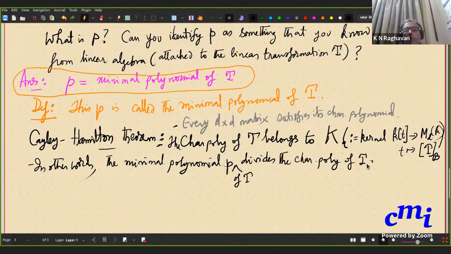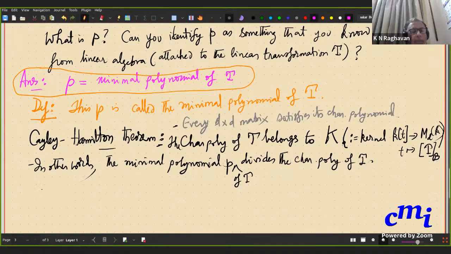Okay. Let me quickly ask you, we are almost out of time. Do you know a proof of this theorem? The statement is simple enough. Okay.